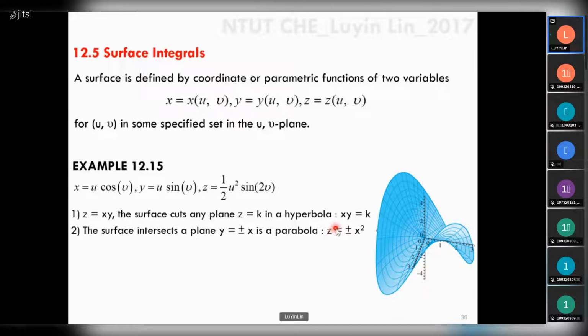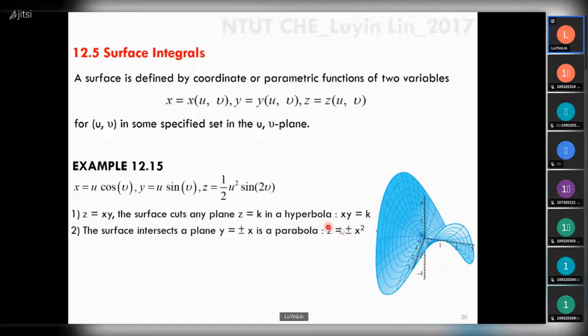And secondly, if you put the condition y is equal to x, positive or negative x, into the surface, you will get this one.